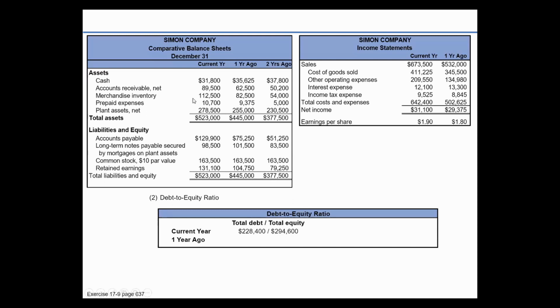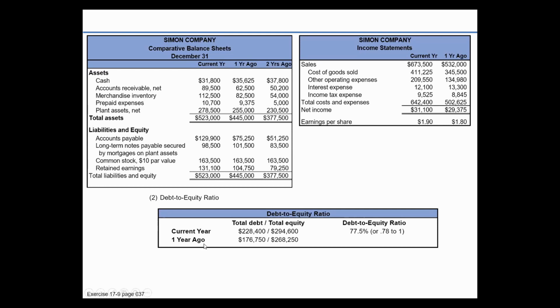So again, total debt for the current year is going to be your accounts payable and your long-term notes payable secured by mortgages on plant assets. Total is 228,400 divided by total equity, which is the common stock, $10 par, 163,500, and your retained earnings 131,100. So you add both of those up, that's your total equity. This comes out to 77.5% or 0.78 to 1.